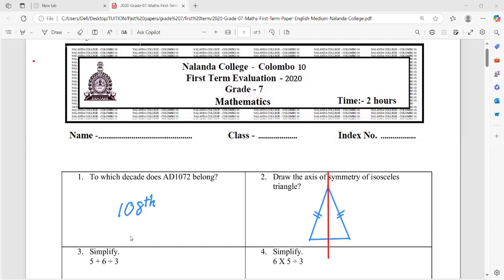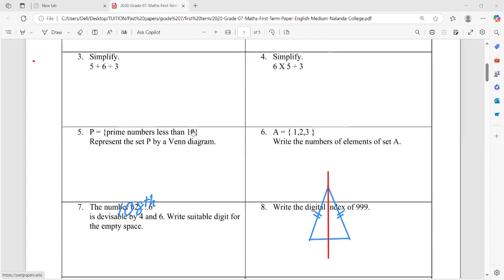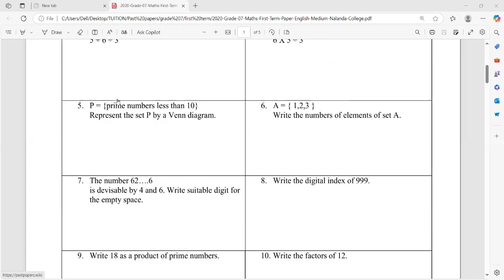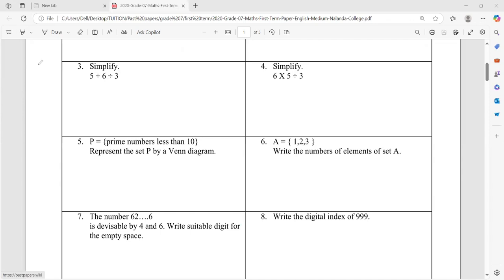Let's go with the third question. Simplify. Here you have to simplify like this. And I have taught this: plus signs and minus signs divide terms, actually separate terms. So this is one term and this is another term.